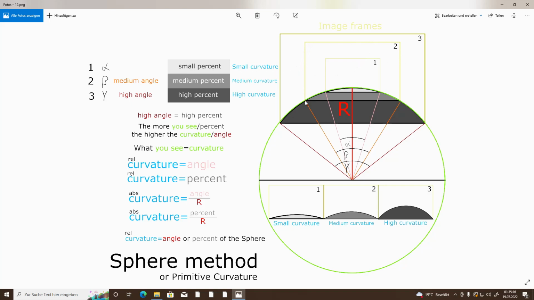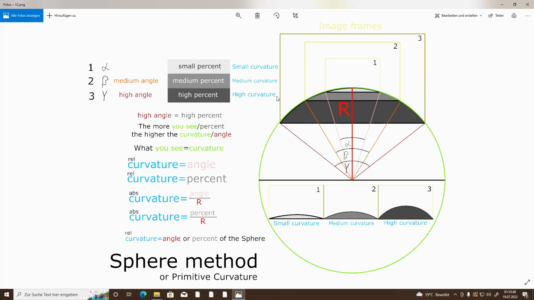Then you see a bigger part of the sphere, with the angle beta, a medium angle and a medium percent of the sphere. You see medium curvature, so called. And then gamma, high angle. In the third camera you're further away and you see more, or you have an ultra wide fisheye lens or something, and then you have a high angle with a high percent of what you see of the sphere, and then you have high curvature.